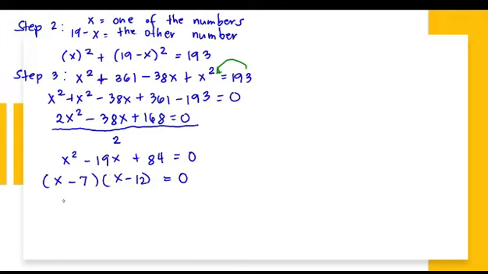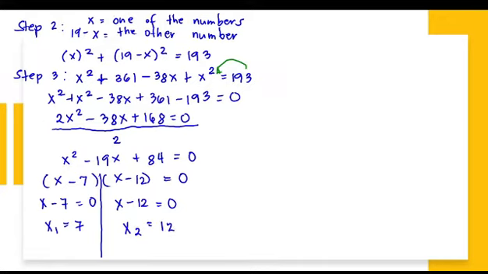Tapos, solve lang natin separately. Okay. So that is through the use of the zero product property. So x minus 7 equal to 0. And x minus 12 equal to 0. So x sub 1 is positive 7 and x sub 2 is positive 12.